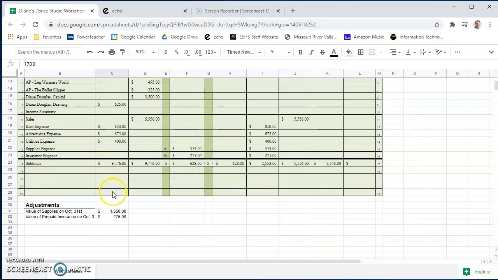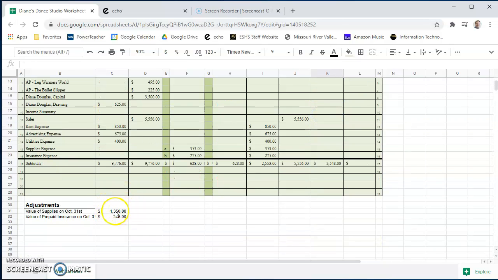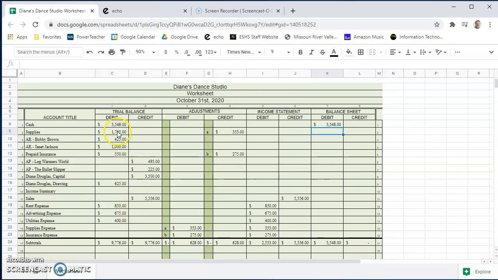That is also the same number that we had down here for our adjustments, which said that our value of supplies was 1,350. This is a good thing. We want to show that our value of supplies is what we estimated it at the end of the month.